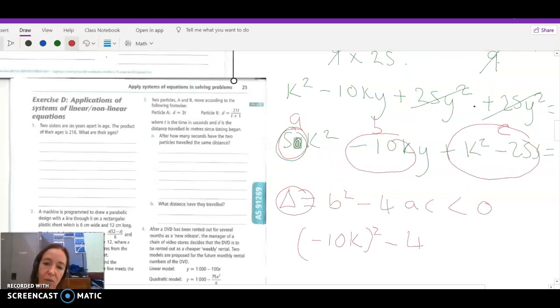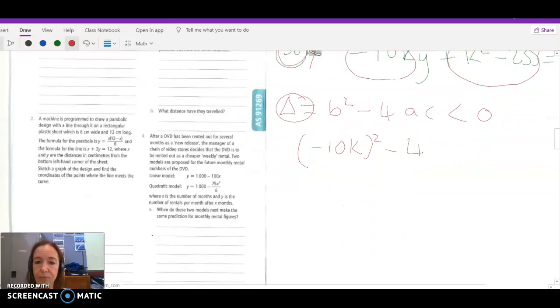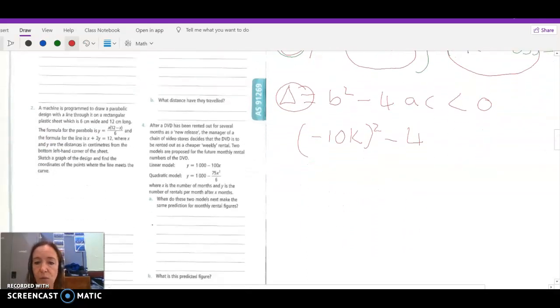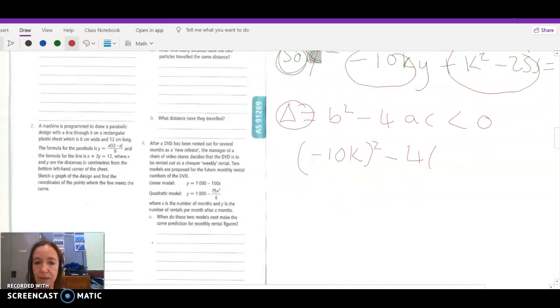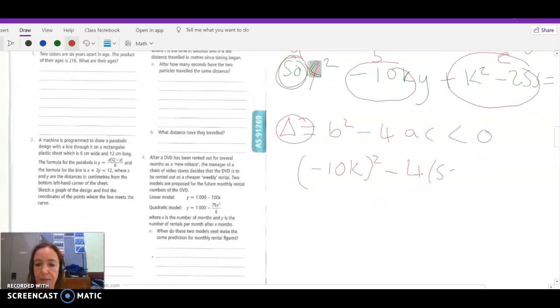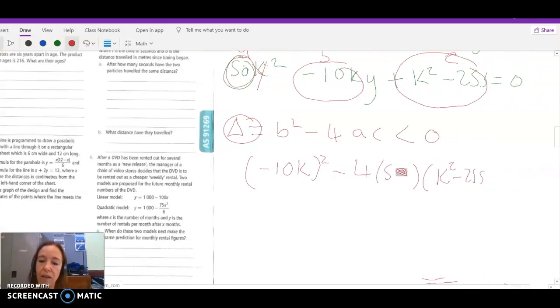Sorry, this should be a y. Sorry about that. Minus 4 times 50 times k squared minus 255. And we're looking for that is less than 0.